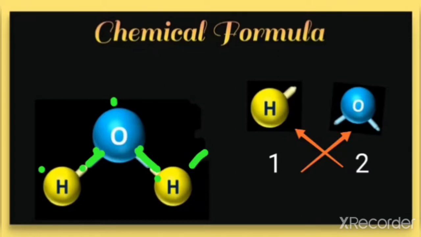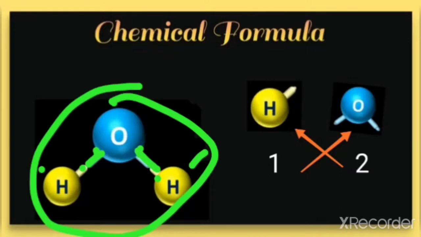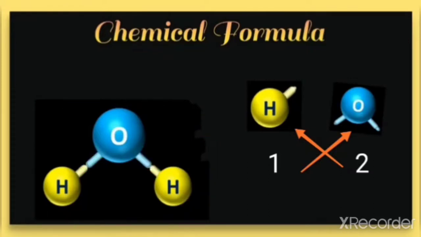So this gives rise to the formula for a molecule. I hope it is clear to you what the combining capacity and the chemical formula are. The combining capacity of different elements gives rise to a chemical formula.